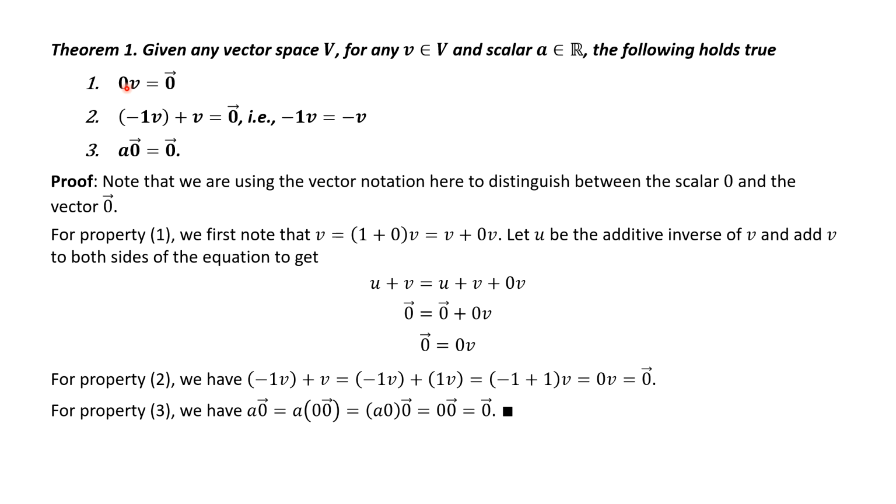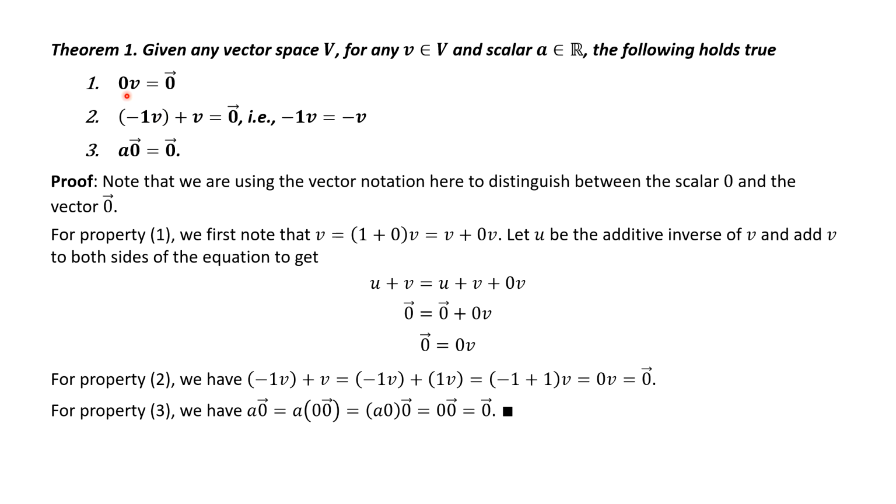We have a vector space V with a vector small v in V and a scalar a in the real numbers. Could be any field over which the vector space is defined, but we'll just focus on the real numbers here.